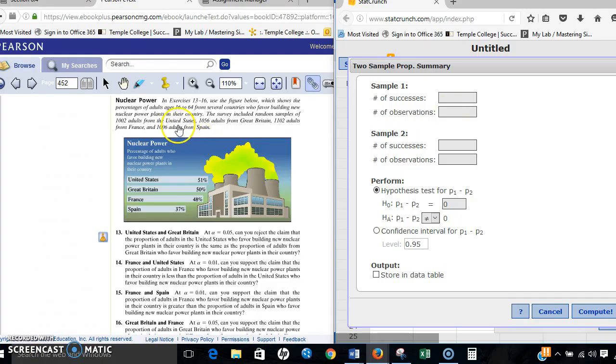Well, I know for the U.S. that there were 1,002 adults, and for Great Britain, there were 1,056. But I don't know the number of successes. I simply know these percentages, the p hat, that's the sample percentage, and so I need to figure out how many successes 51% would be.